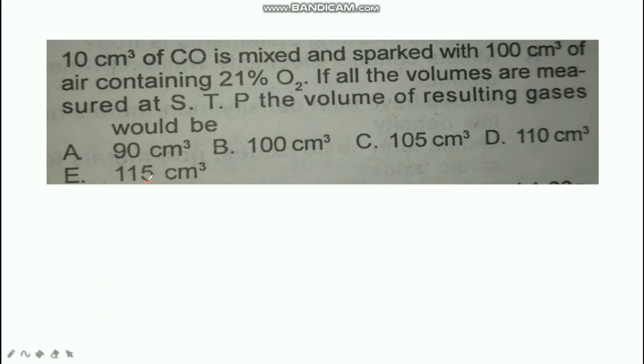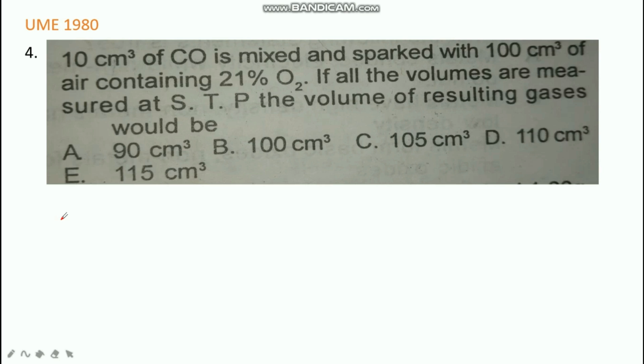The next question, which is UME 1980 question number 4: 10 cubic centimeter of carbon monoxide is mixed and sparked with 100 cubic centimeter of air containing 21% oxygen. If all the volumes are measured at STP, the volume of the resulting gases would be.